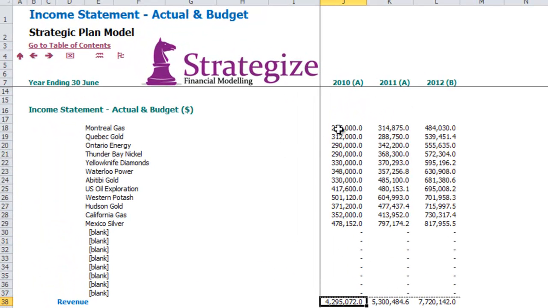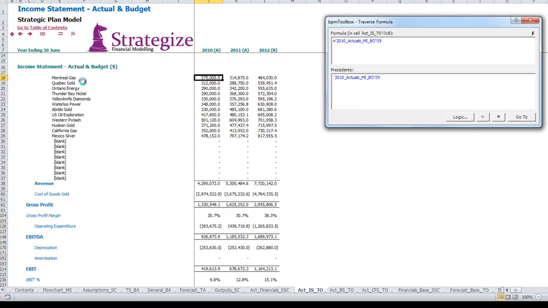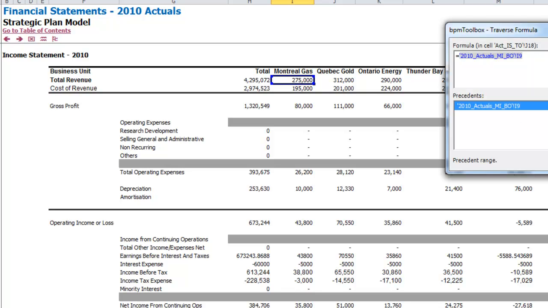So as you can see here, for Montreal Gas, we've just sourced the numbers from the source model. We haven't just picked off, for example, $275,000 in revenue from some number that was sent to us in an email.